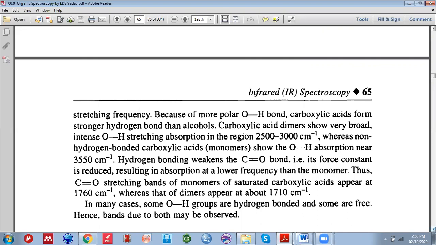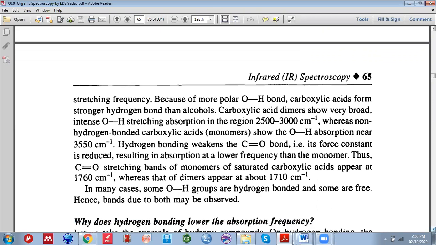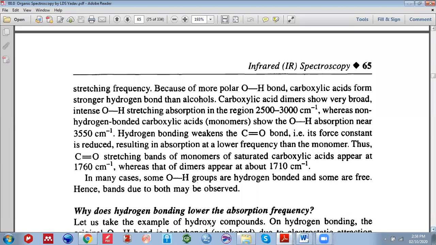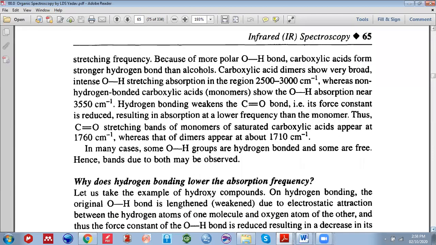Hydrogen bonding weakens the C=O bond, its force constant is reduced, resulting in absorption at lower frequency than the monomer. Thus, the CO stretching frequency of a monomer of saturated carboxylic acids appears at 1760 cm inverse, whereas for the dimer 1710 cm inverse.